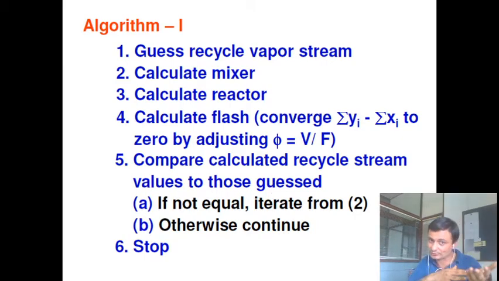Compare the vapor stream which you have guessed for the recycle and the updated one. If it is the same, good; otherwise update that and start from step number 1, 2, 3, 4. So what you have to do here is, for every one convergence of the recycle vapor stream, you require iterations for this. This is one way of solving this particular problem.